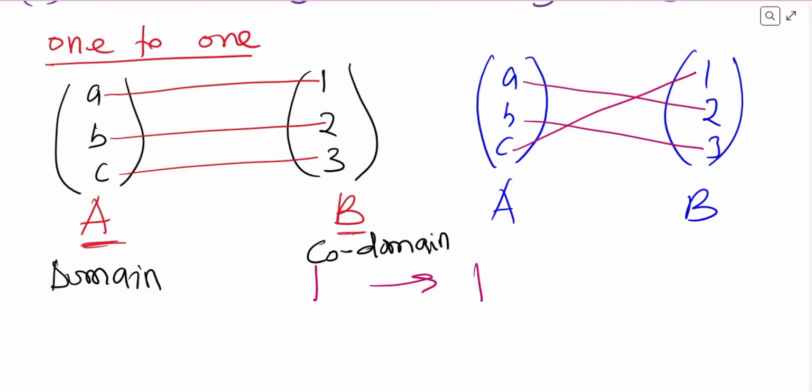And inside this, we have our range. So later in this tutorial, we will look at the difference between domain and the range of a mapping. In this case too, this is the domain and this is the codomain. Okay, so this is one to one. No matter how you map them, it should be one element to one element.